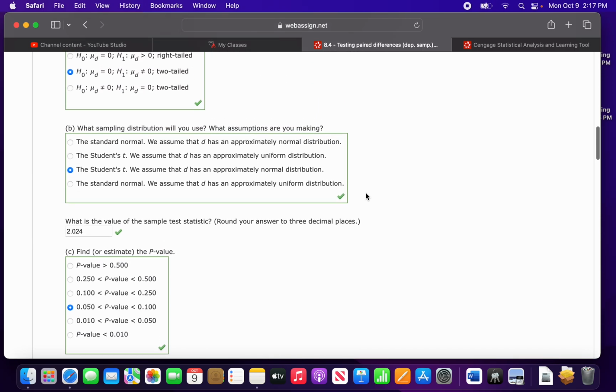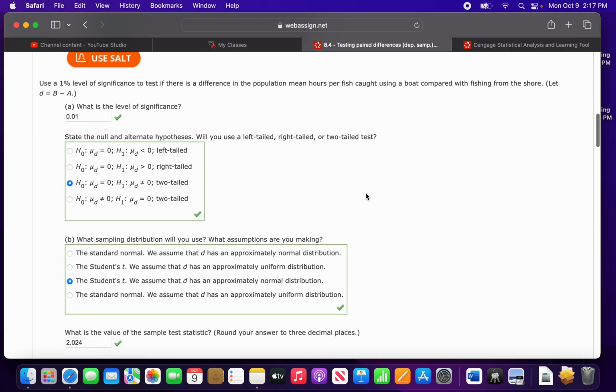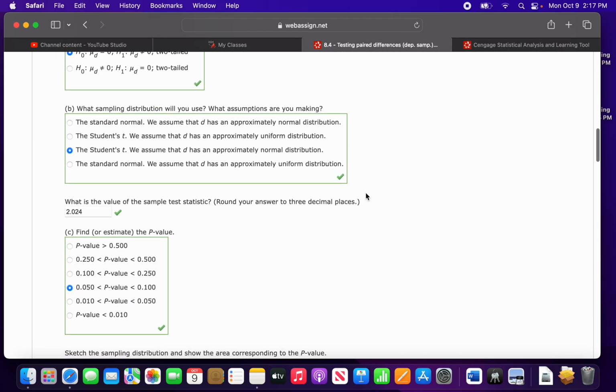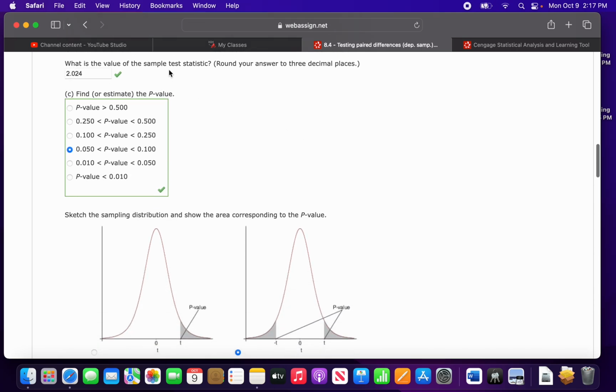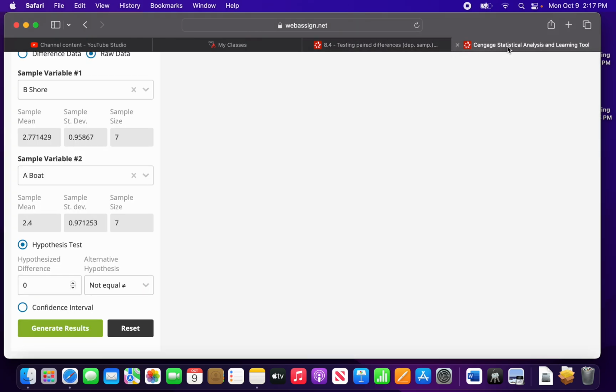And yep, for the rest of this, we're going to need to do some analysis on SALT. So let me scroll here. We're going to be asked about sample statistic, that's our t value, and then our p-value. That'll help us determine whether to reject or not reject the null hypothesis. So let me go back to SALT. Hypothesized difference is 0, and that just means there's no difference in the number of fish caught per hour, either onshore or from a boat.